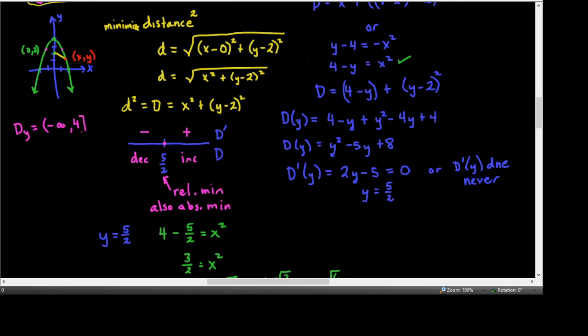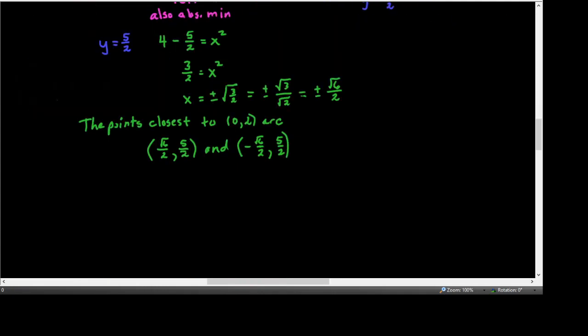Those are the locations of the 2 points where y is 5 halves, and x coordinates of those points are square root of 6 over 2 and negative square root of 6 over 2. All right, so that finishes that example. And I think that's the end of this section of notes, so I will see you in class.